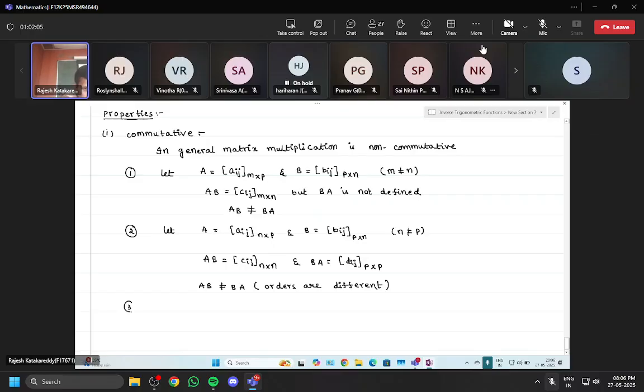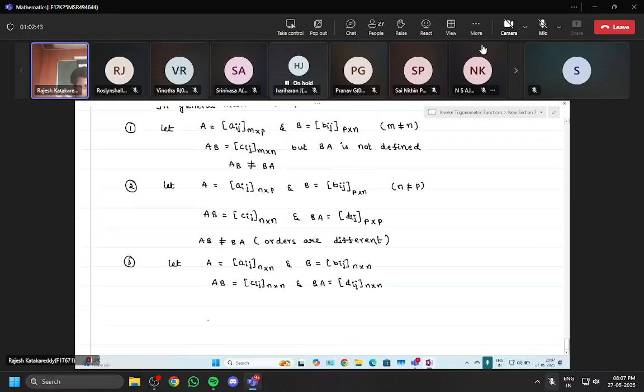Even though you have square matrices, A = Aij, N by N, two square matrices you consider, B = Bij, again N by N. In this case, AB = Cij, N by N, and BA = some Dij, N by N. Even though orders are equal, the elements may or may not be equal.